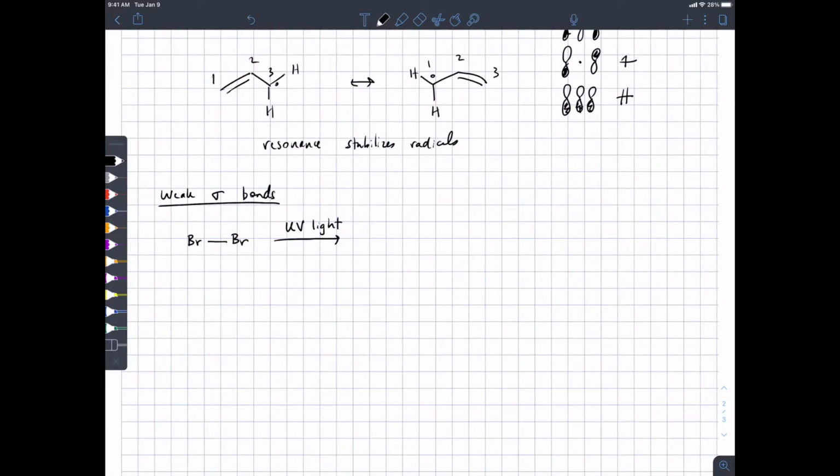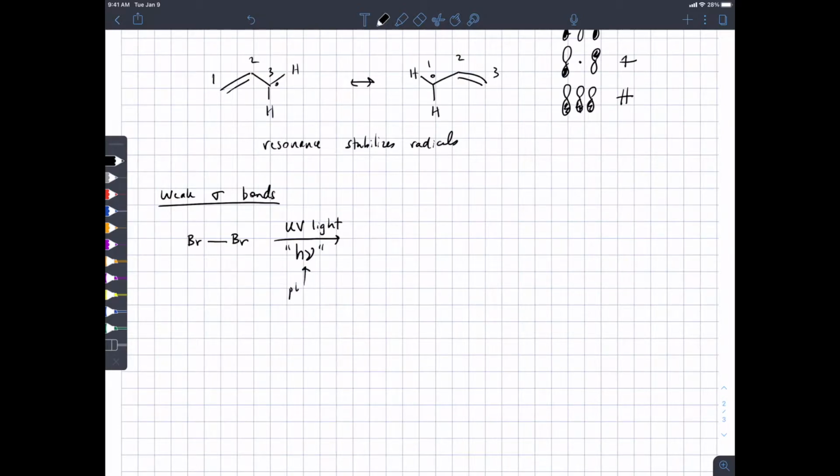Now, organic chemists don't like to write long words when an abbreviation will suffice. So often we abbreviate UV light with h nu. That's the energy contained in a photon of frequency nu, and h is Planck's constant.